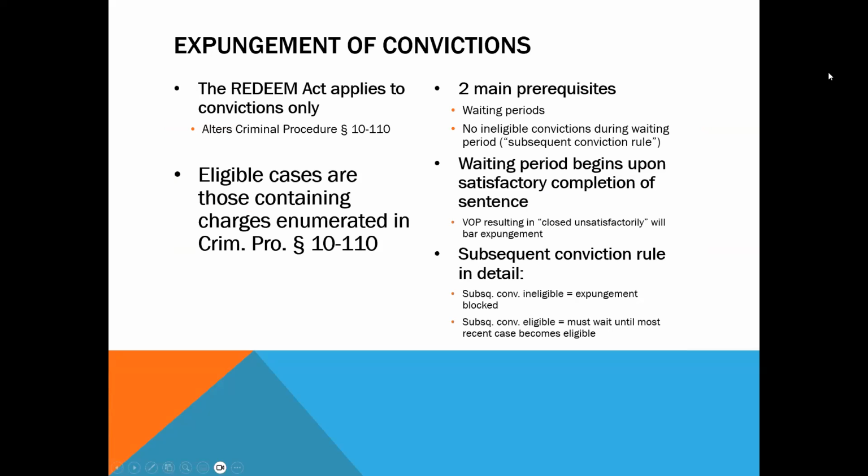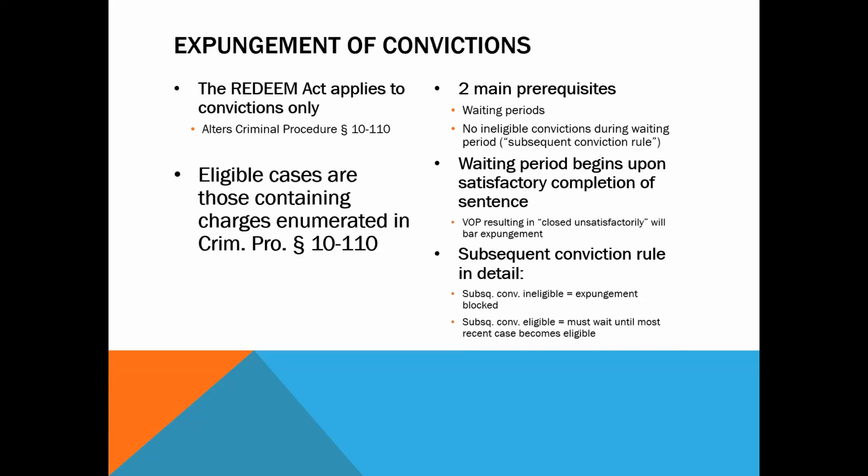So as a quick refresher on the expungement of convictions, the Redeem Act was an amendment to Criminal Procedure Section 10-110. This is the enumerated list of the types of charges that are potentially eligible for expungement if a person has been convicted.